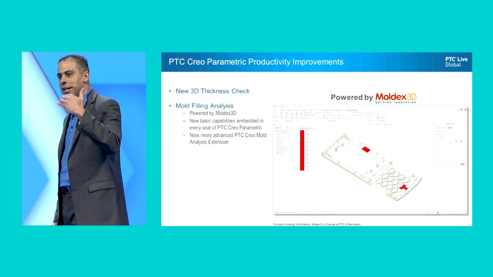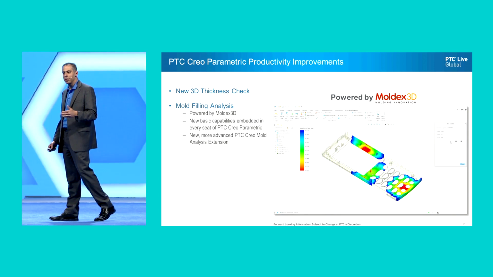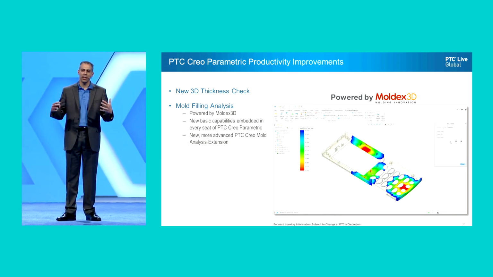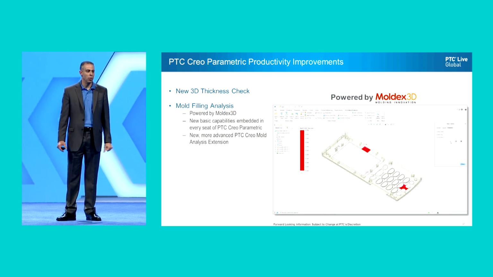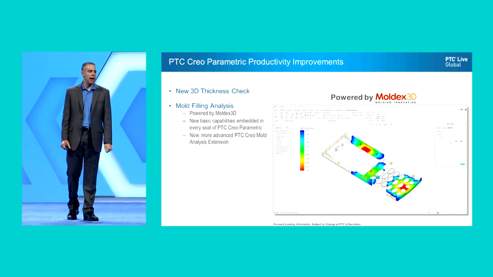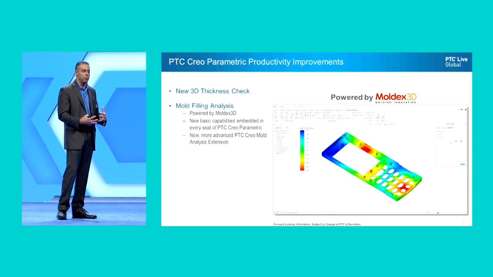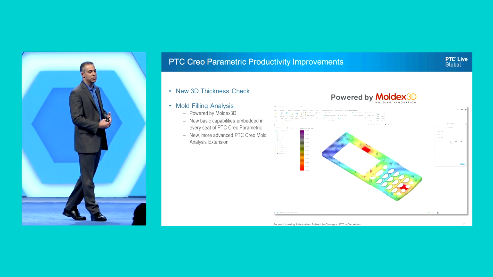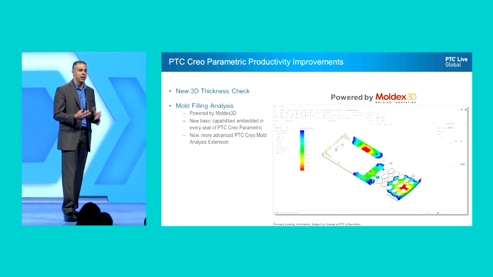And we're also announcing an extension to PTC Creo Parametric 3.0 that builds on these capabilities and gives you really, really advanced first-class mold filling analysis capabilities right in the Creo platform. Integrated right in the Creo platform, built with our UI toolkit. You have exactly the same user experience you'd expect with this technology built right into Creo, okay?